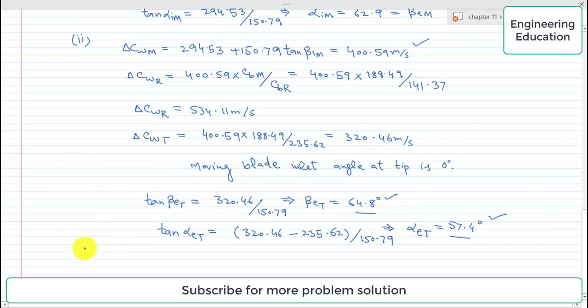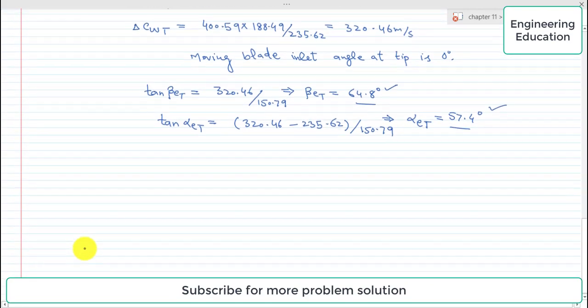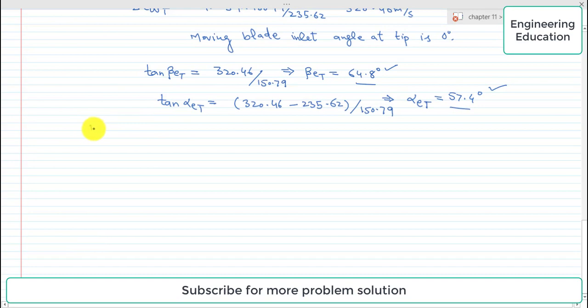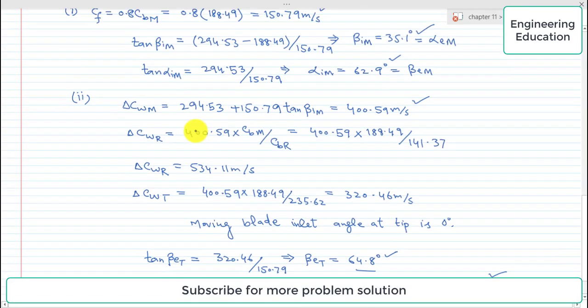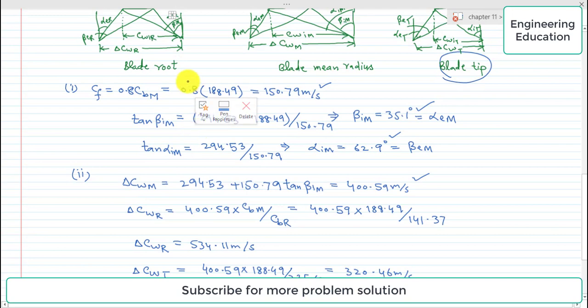Also, for part 3 solution, again we can write from the velocity triangle that tangent beta IR, this velocity triangle should be used, that is the velocity triangle for blade root.